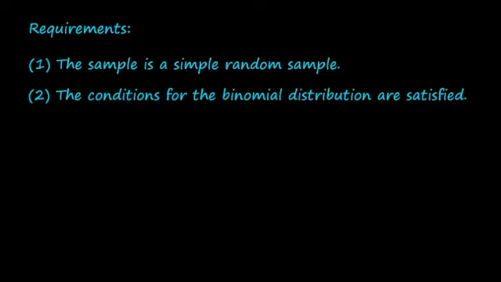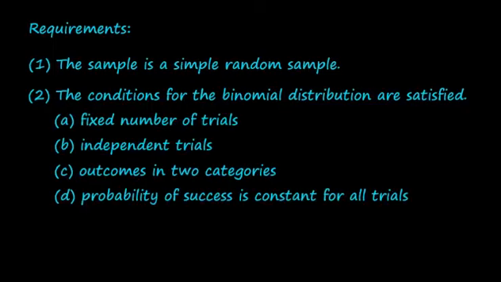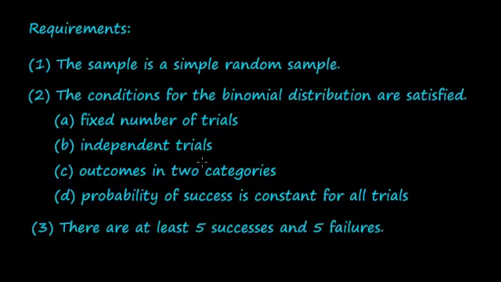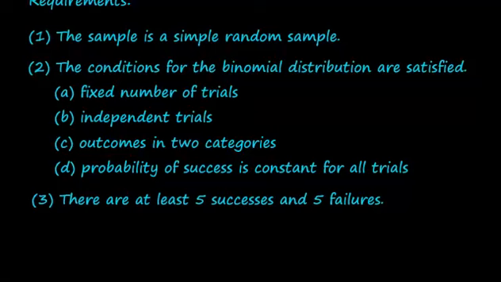The conditions for the binomial distribution are satisfied, and let's recall those four. Fixed number of trials, independent trials, outcomes in 2 categories, and the probability of success is constant for all trials. And the third requirement is that there are at least 5 successes and 5 failures. So we can check that once we have our P hat.